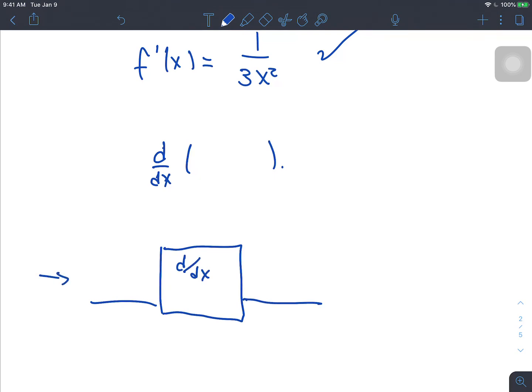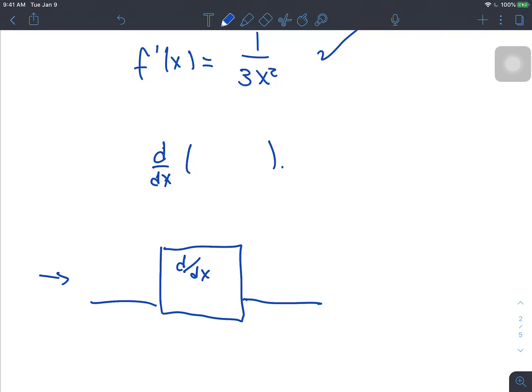The reason we call it an operator and not a function is that a function takes numbers as an input and outputs numbers. So we would have something like 3 going in and 6 coming out, and that function we would call 2x.